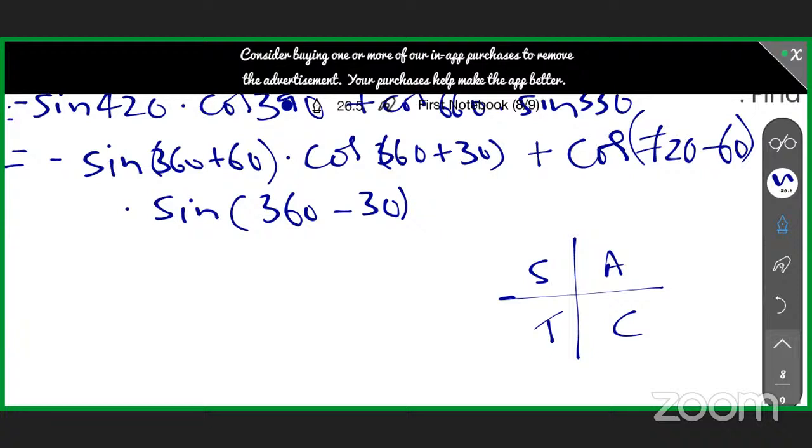And if my angle is pi, 2 pi, 3 pi, 4 pi, my function will not change. So sine 360, that is sine 2 pi, will my trigonometric function change? No. My sine 360 will remain as it is. So sine will remain sine.